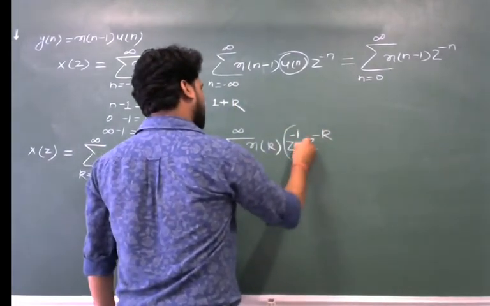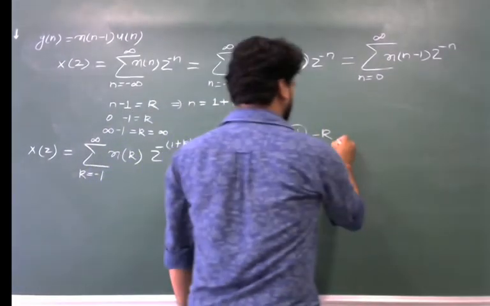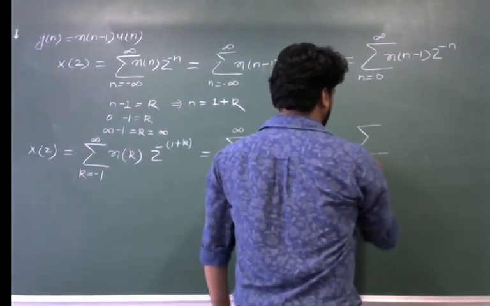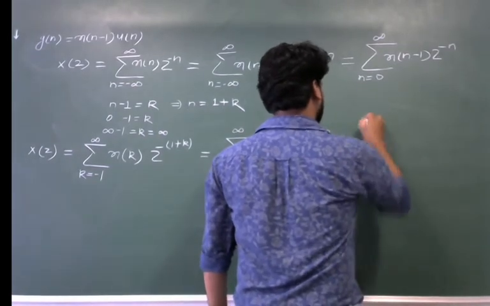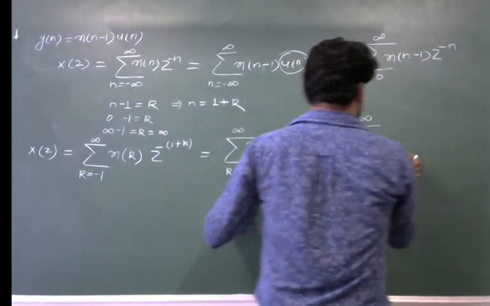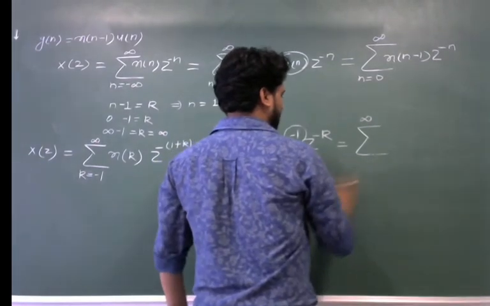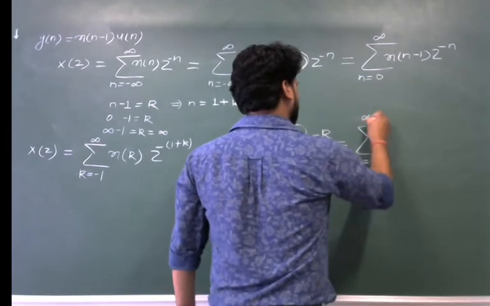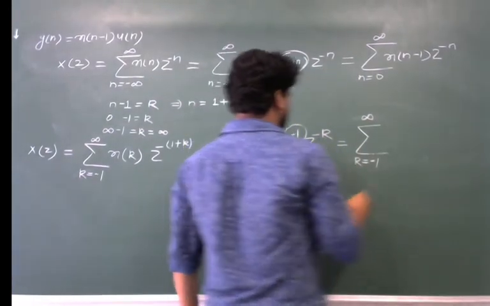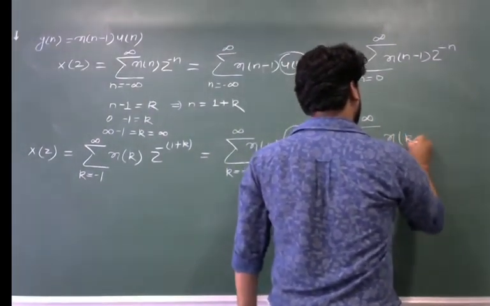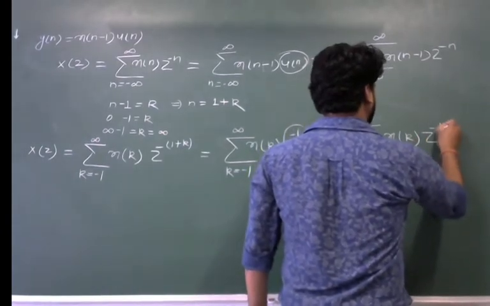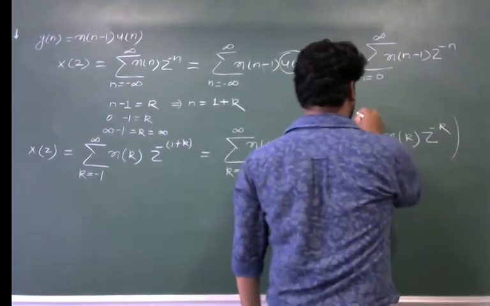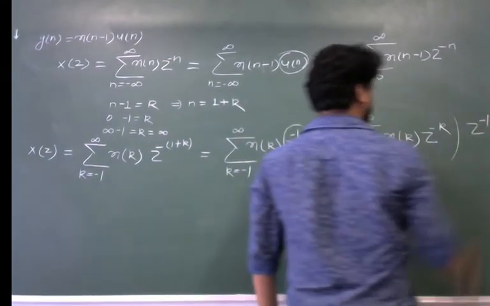This z power minus 1 is a constant here, so I will put it outside of the summation, and this will become z power minus 1 times sigma k from minus 1 to plus infinite x of k z power minus k.